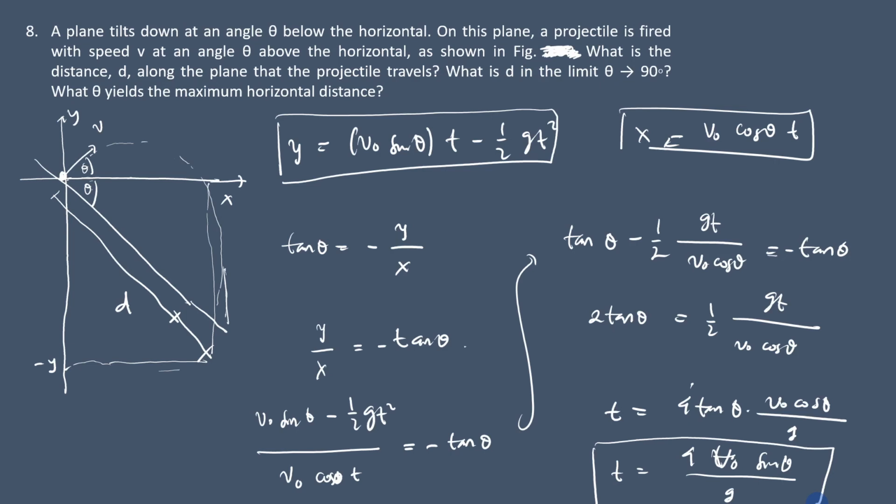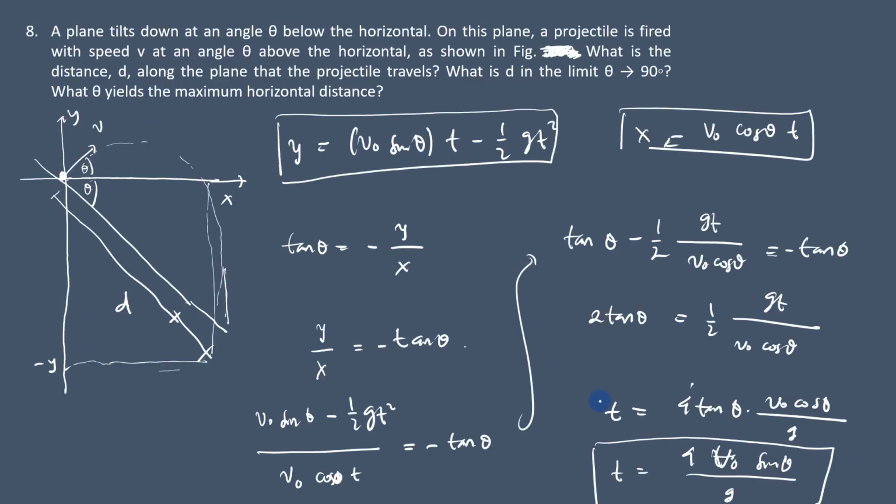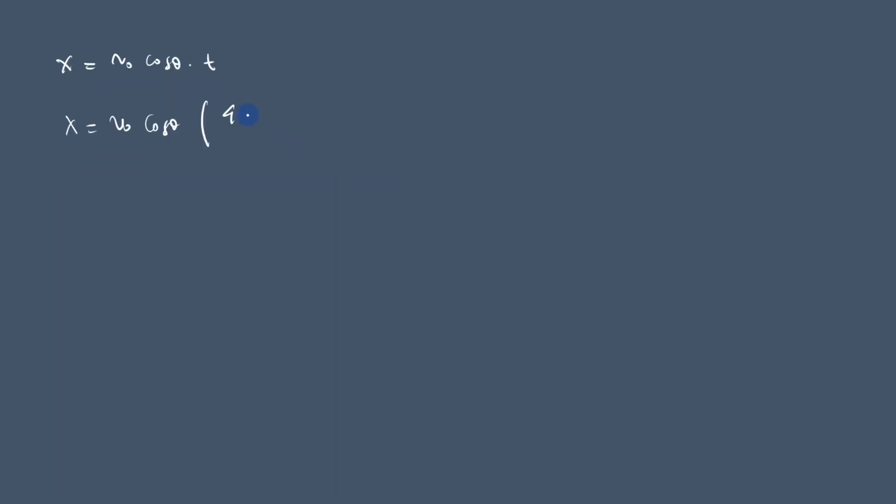So we can analyze the horizontal equation and substitute the value of t into x equals v0 cos theta times t, using the equation we got from this analysis. Okay, x equals v0 cos theta times 4 v0 sin theta divided by g.